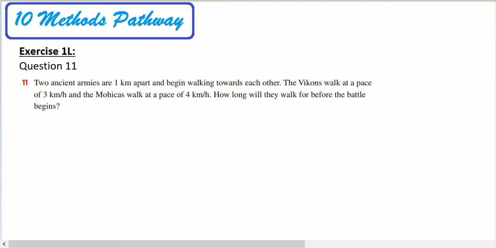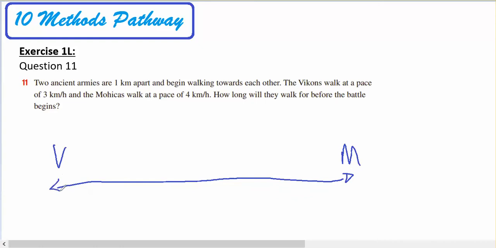We have two armies and they're 1 kilometre apart. So I might put army 1 there and army 2 there. And the distance between them is going to be 1 kilometre. And they're walking towards each other, and then when they get to each other, they start fighting.